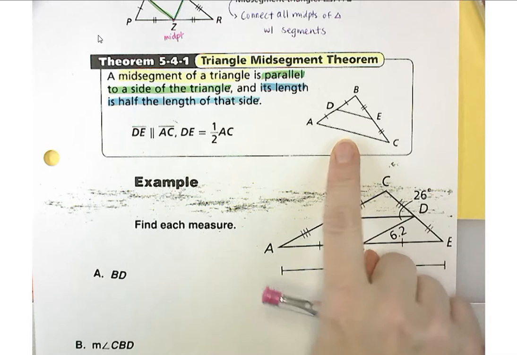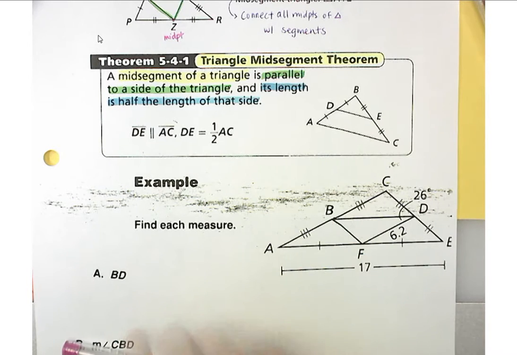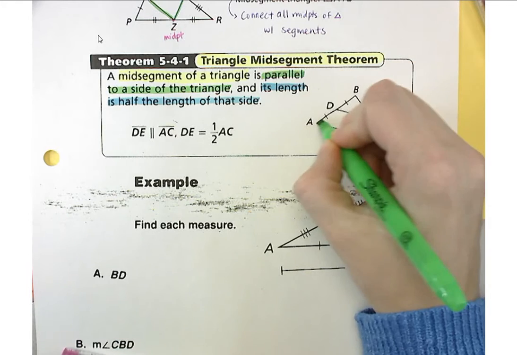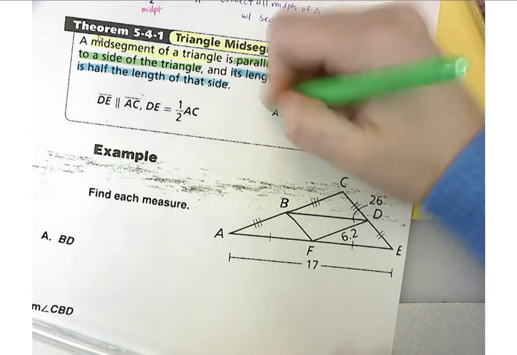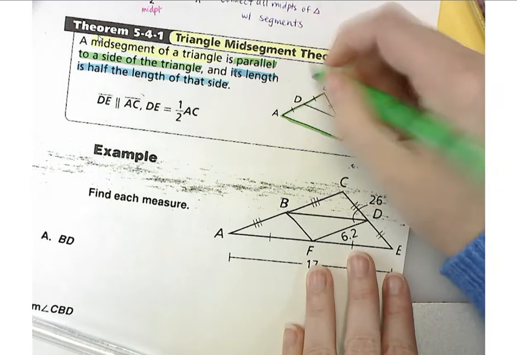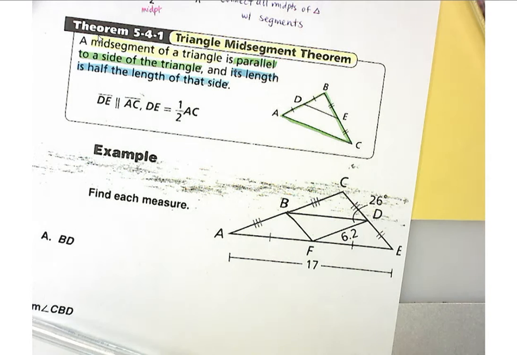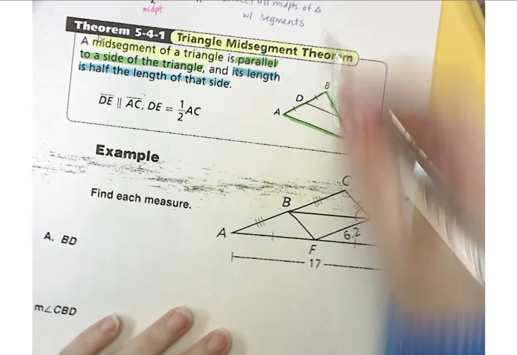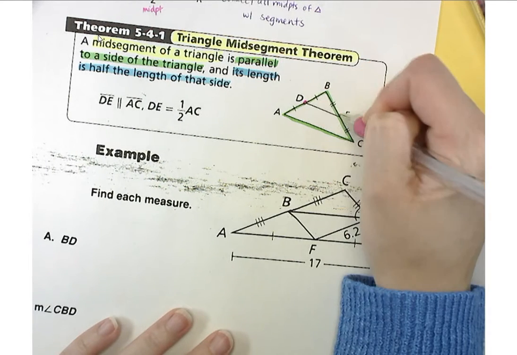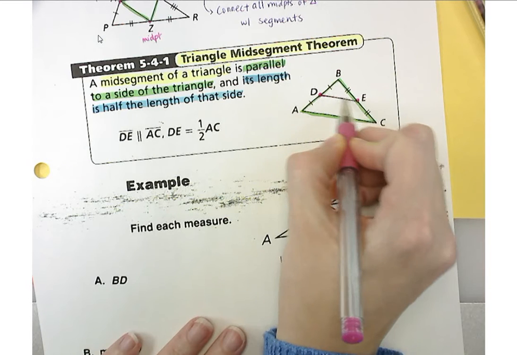So let's look at the midsegment here. Your whole triangle is triangle ABC. One of the midsegments, and this one just has one of them drawn in, is from D to E. Those are both your midpoints.